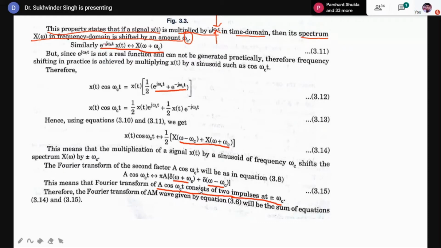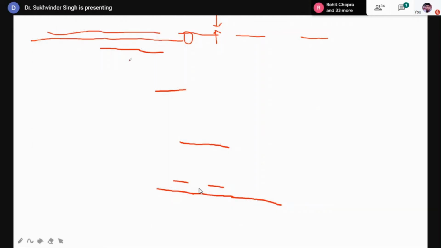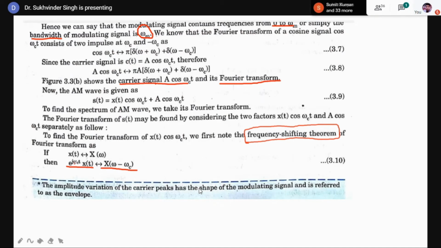Similarly, if you multiply the function with exponential minus j omega_c t, then there will be a shift in the function by omega_c, but now it will be added. If you see the previous equation, we multiplied by exponential j omega_c t, that is the plus function, and the frequency shifted to the lower frequency region by subtracting omega_c from omega.